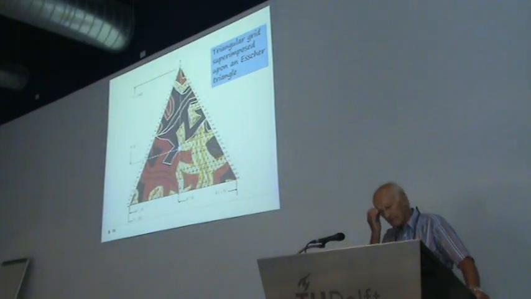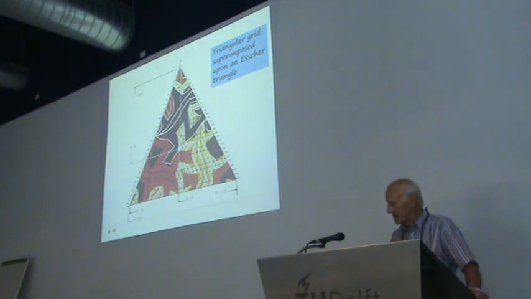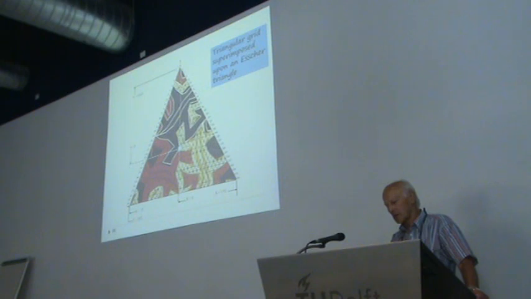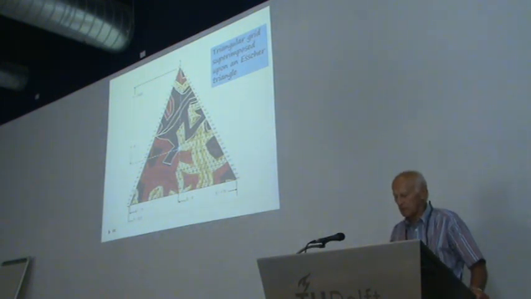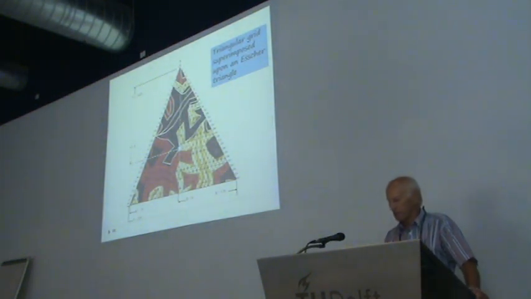An interesting game that I did was trying to make Escher figures based on this principle. You see, this is one triangle part which I derived from a publication by Doris Schattschneider, which may be well known to you.